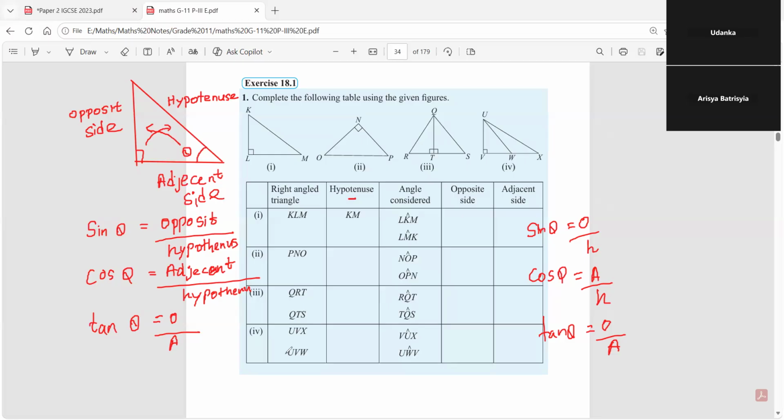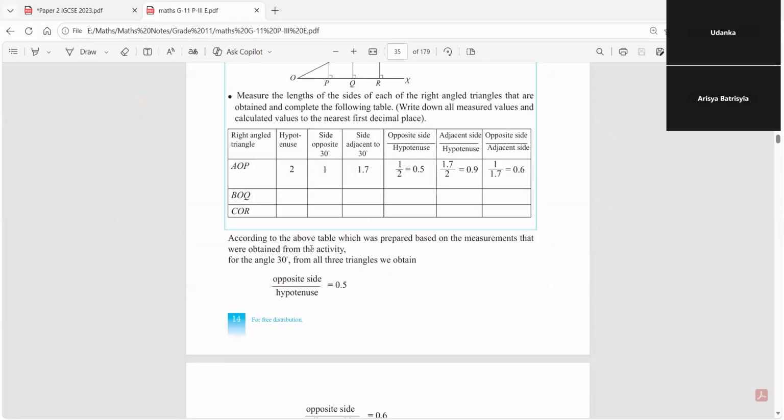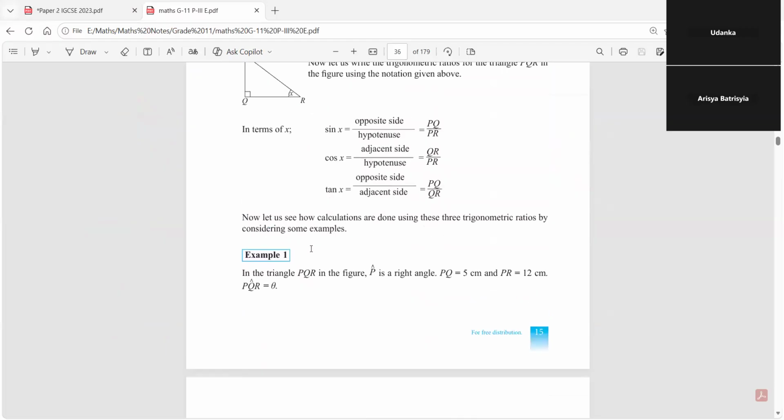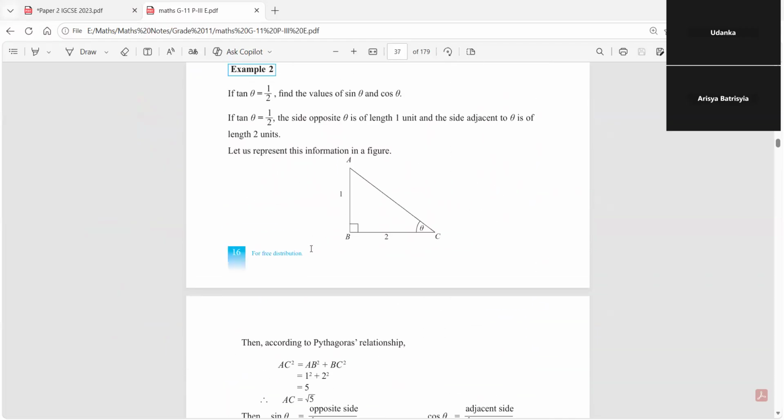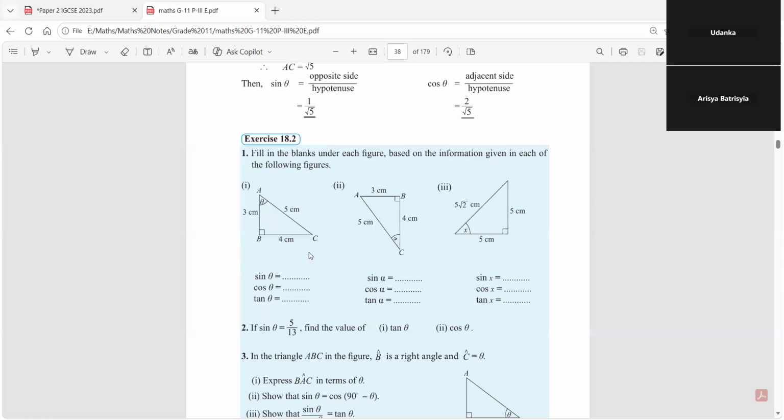Okay, there are three things. According to that, you can write the sine value, the cos value, and the tan value. Look at it.